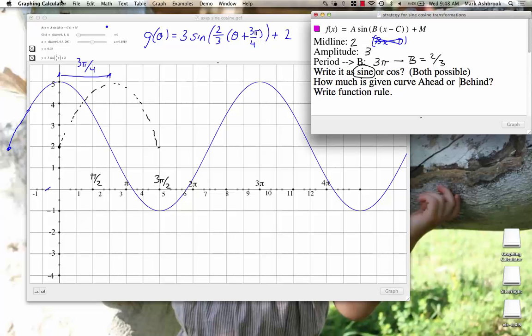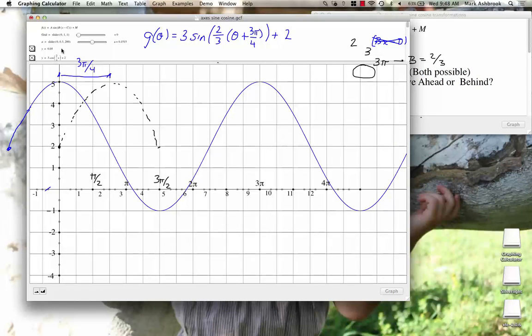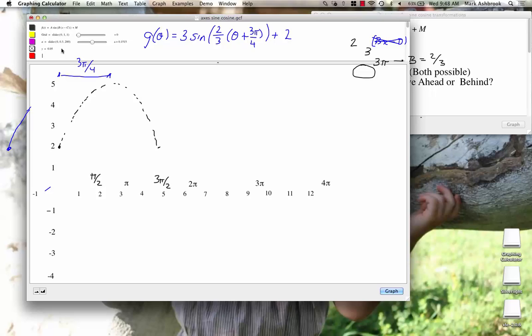All right, so let's graph. Again, let's graph this version of it. Sine with a shift where it's coming ahead by 3 pi over 4. And it should give us the same graph. Hold on, you're going to do one, so don't pack up.